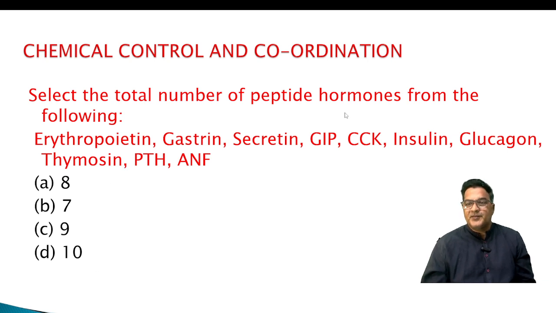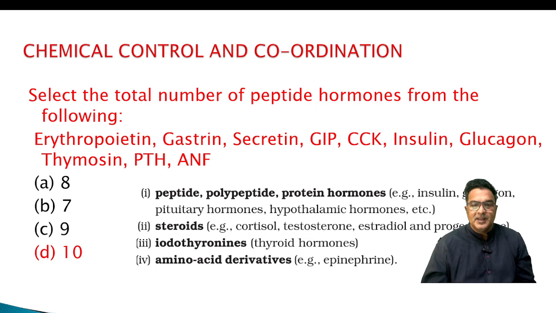Select the total number of peptide hormones from the following: erythropoietin, gastrin, secretin, gastric inhibitory peptide, cholecystokinin, insulin, glucagon, thymosin, parathyroid hormone, ANF. Among these, we need to find out the peptide hormones. The peptide, polypeptide, protein hormones are insulin, glucagon, pituitary hormones, hypothalamic hormones.